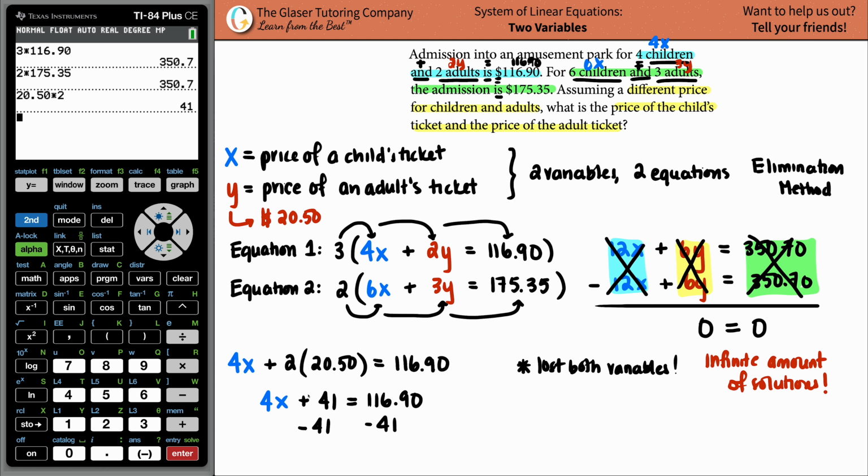that goes bye-bye. We are now at 4x equals 116.90 minus 41. So that's $75.90. We're going to divide by 4 on both sides.